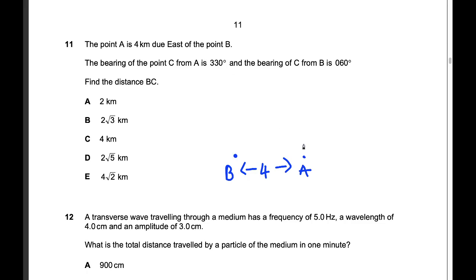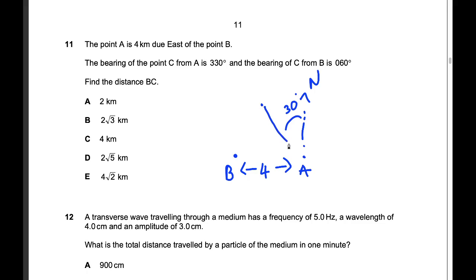So if I make this direction north, then I know that C is going to be on a bearing of 330 degrees. So if I go anti-clockwise, it's just going to be 30 degrees here. Okay, so that's 30 degrees there.